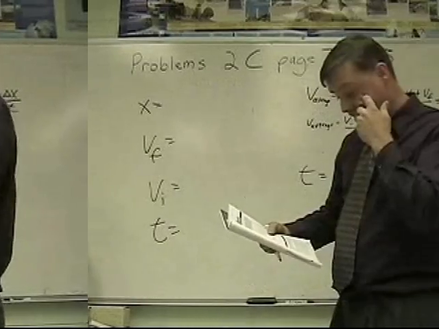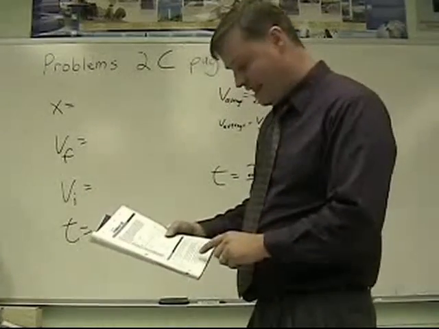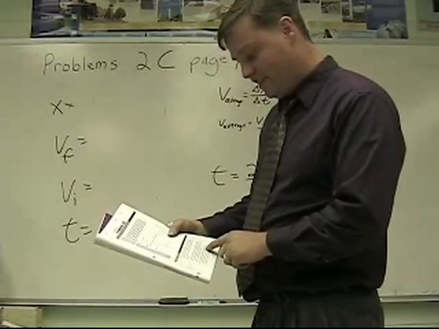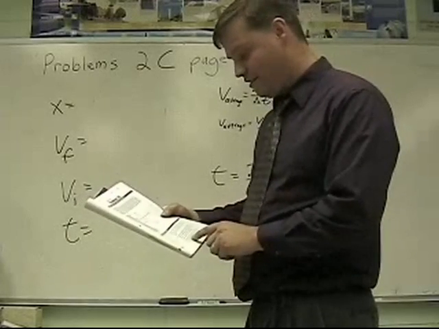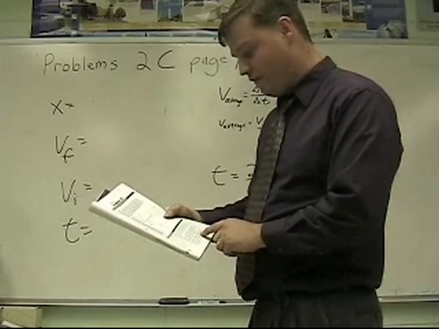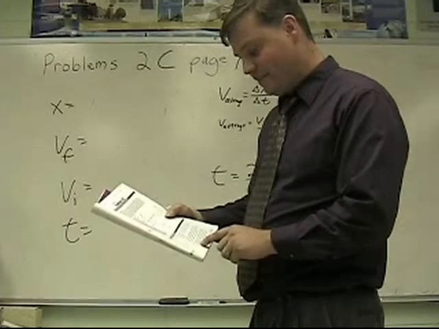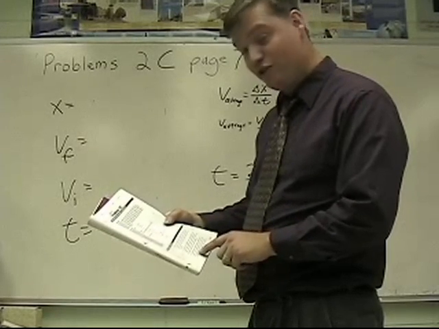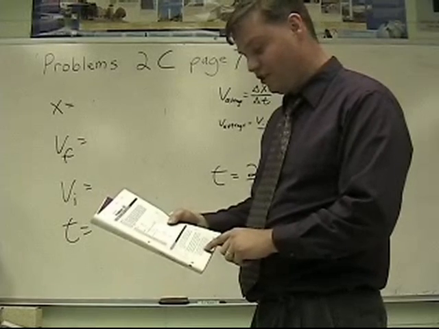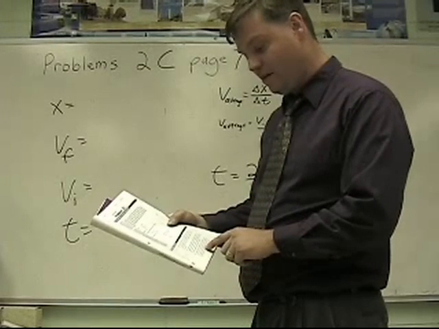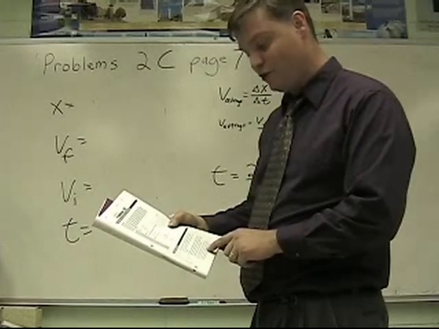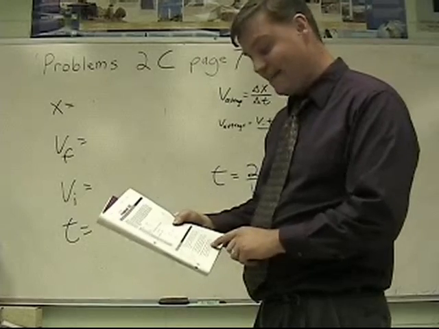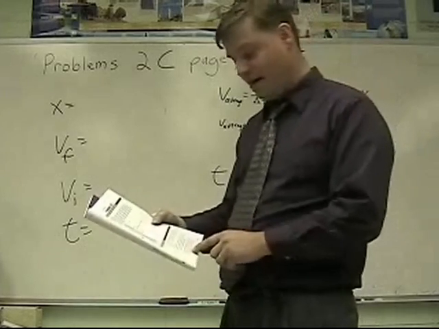Question number 3 says, the fastest speeds traveled on land have been achieved by rocket-powered cars. The current speed record for one of these vehicles is about 1,090 kilometers per hour, which is only 160 kilometers per hour less than the speed of sound in air.